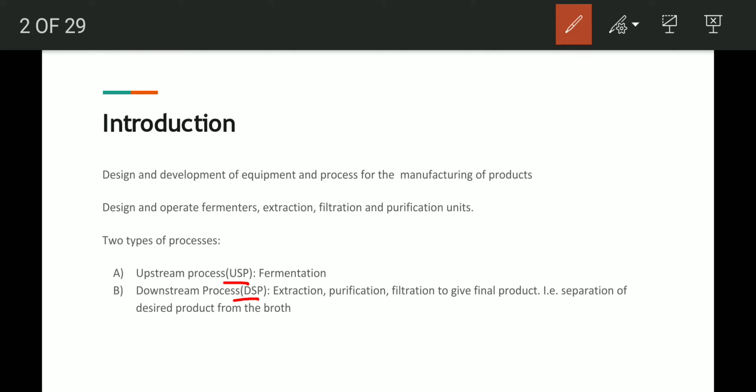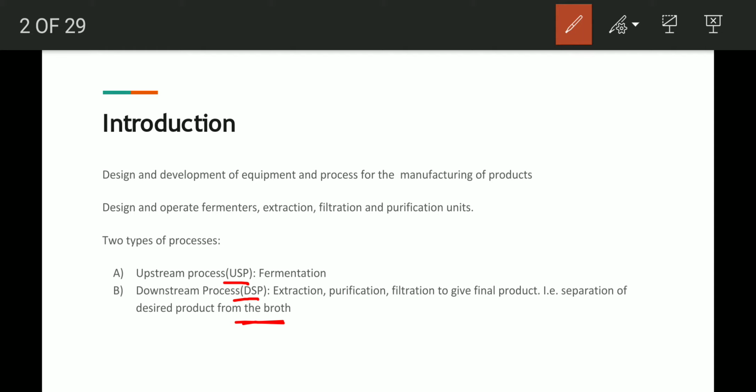So in downstream processing, you will try to extract the final product from the broth. You will try to extract the alcohol from the broth which has been fermented by the yeast, and give you a pure product.